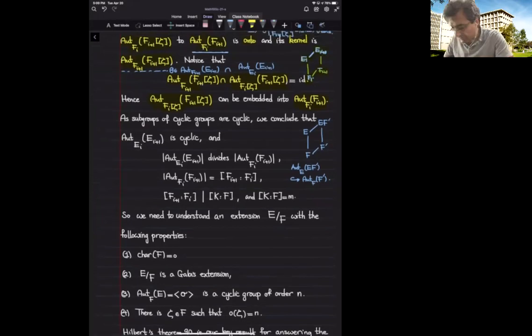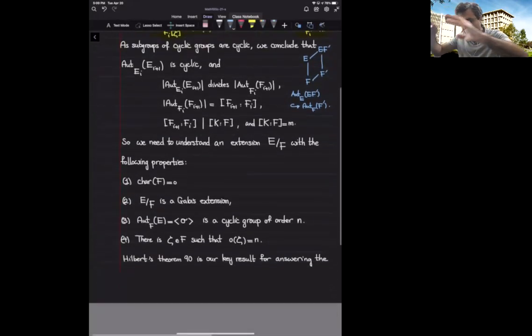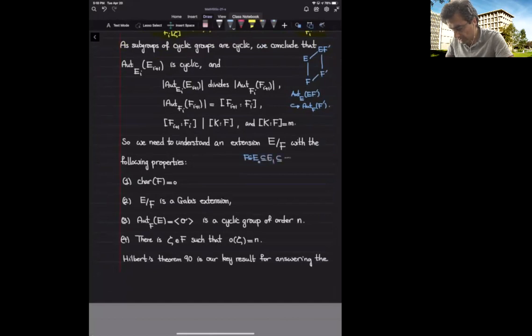So altogether, what can I conclude? I conclude that I'm getting this chain, this tower of field extensions starting from F. I get the next extension, we call it E0, then the next one we call E1, and we continue like that. And at the end, we reach K joined with zeta.